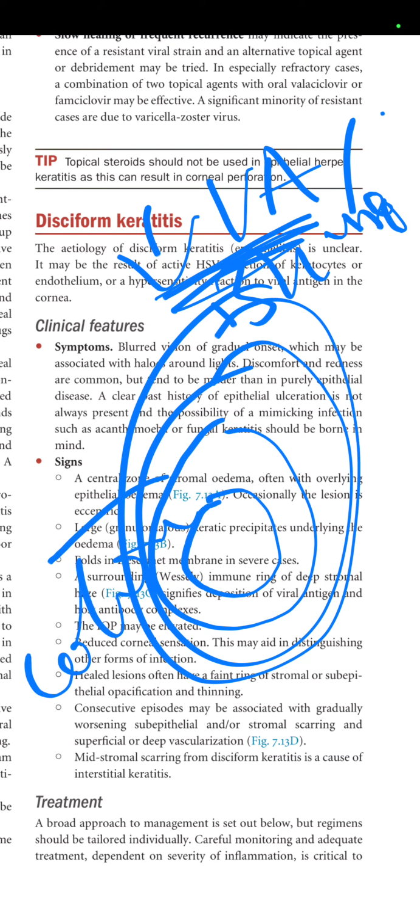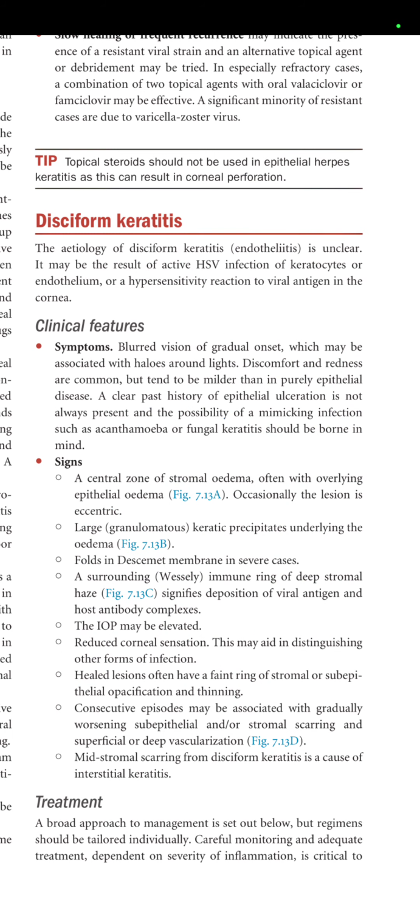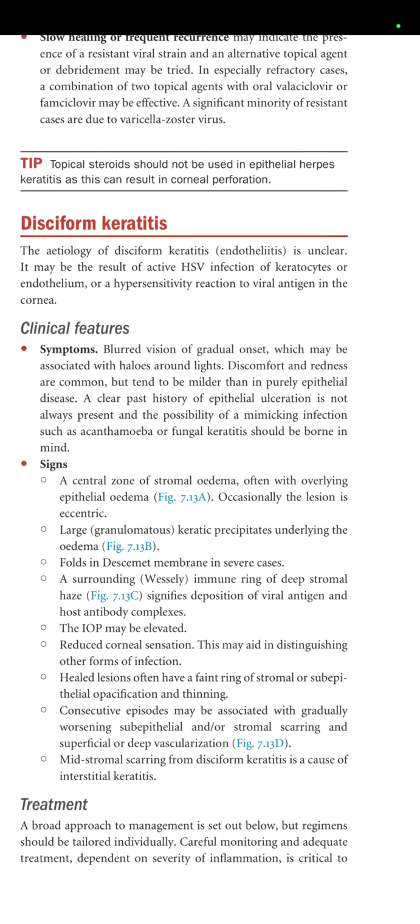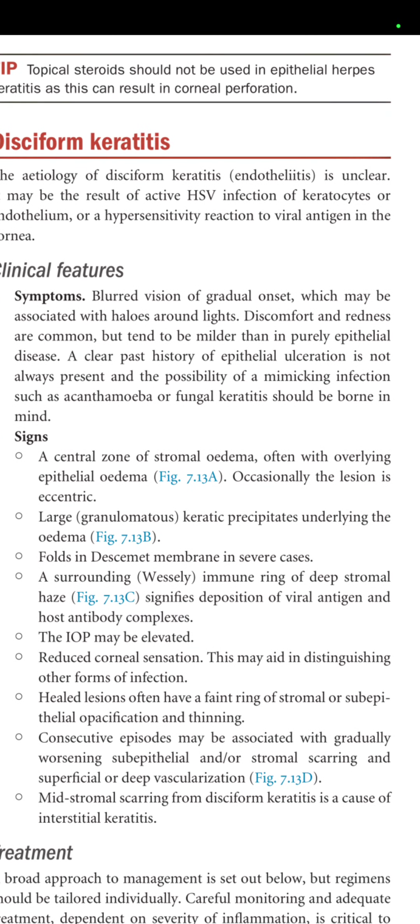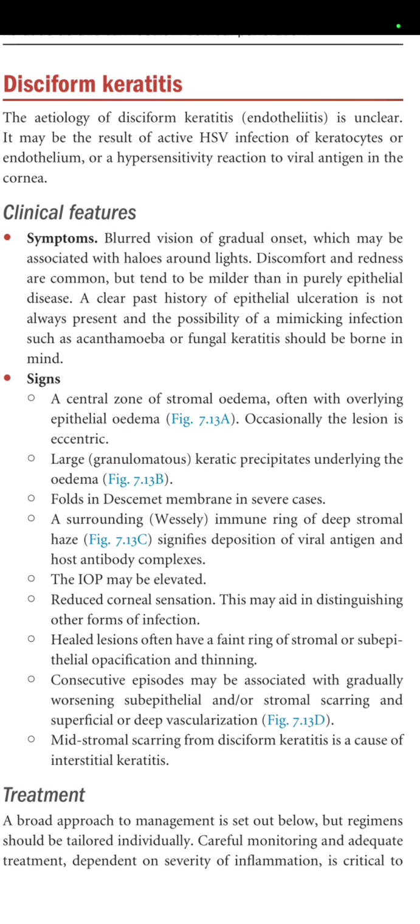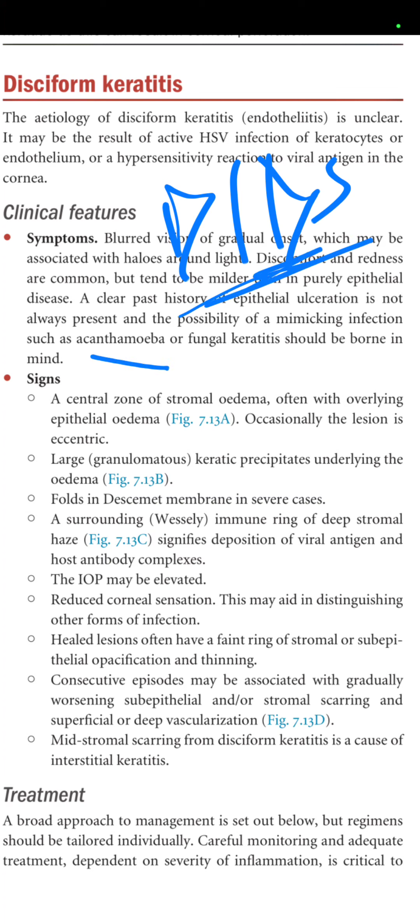This is known as halos. Discomfort and redness are common but tend to be milder than in purely epithelial disease. A clear past history of epithelial ulceration is not always present, and the possibility of a mimicking infection such as acanthamoeba or fungal keratitis should be borne in mind. So these are some of the differential diagnoses we can also think of: fungal keratitis and acanthamoeba keratitis.